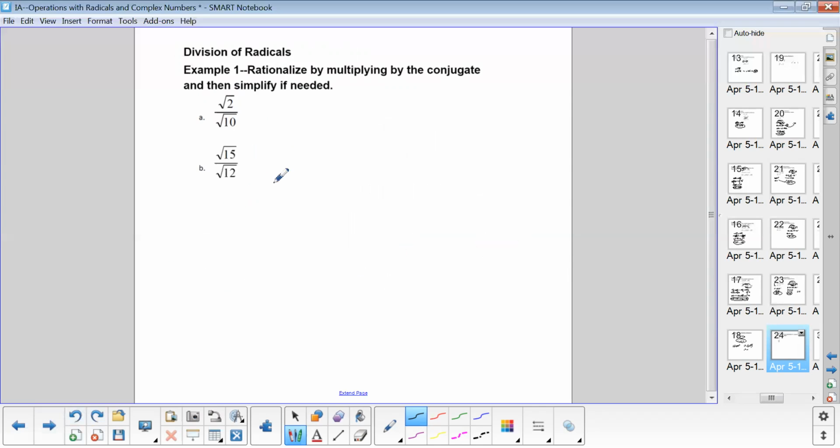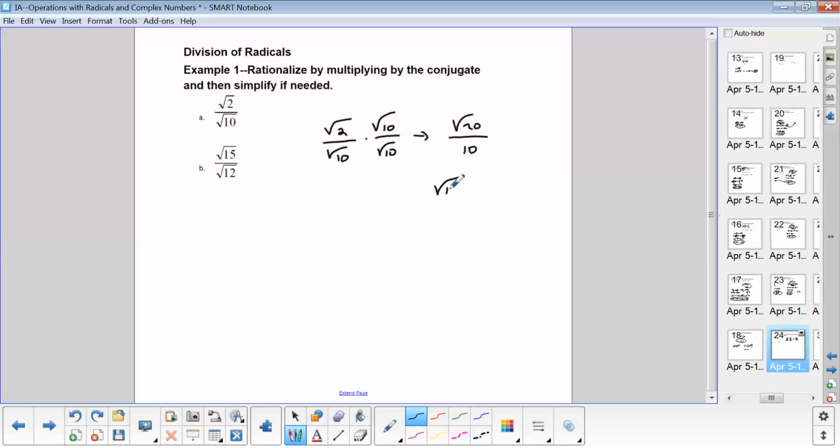With rationalizing, there are a lot of different methods. One method is, we don't want the denominator to have a radical, so we call it rationalizing. We would just multiply by what's in the denominator in regard to the radical. So square root of 10 is in the denominator. I would multiply numerator and denominator by square root of 10, and I'm going to get the square root of 20 divided by 10, because when you square the square root of 10, you get 10.